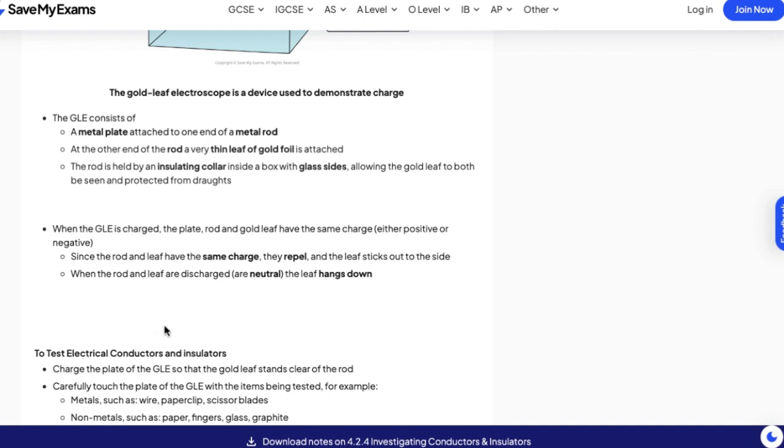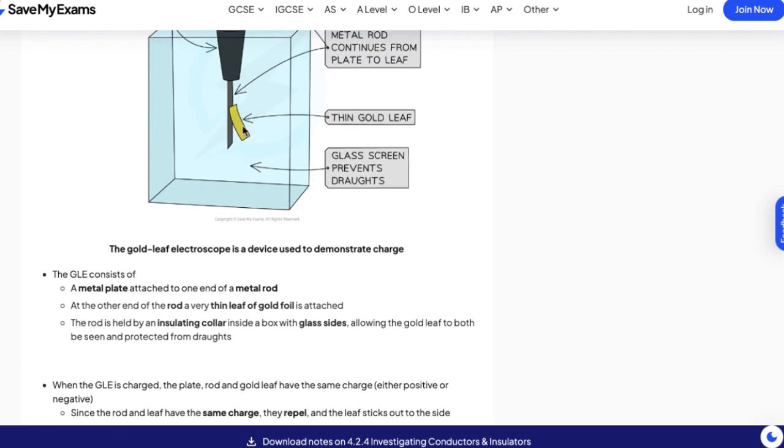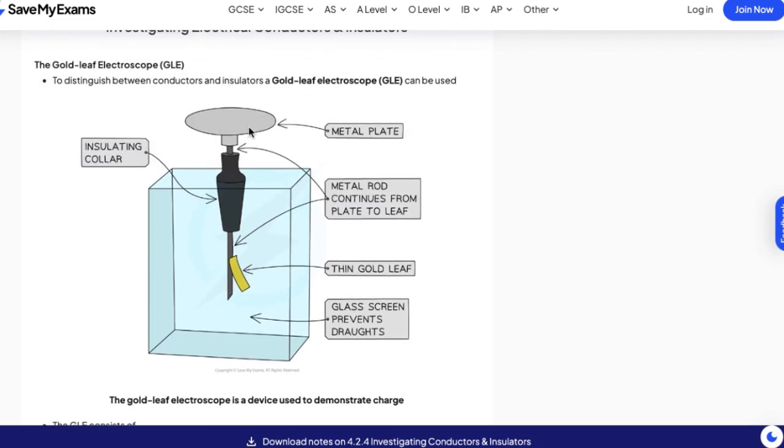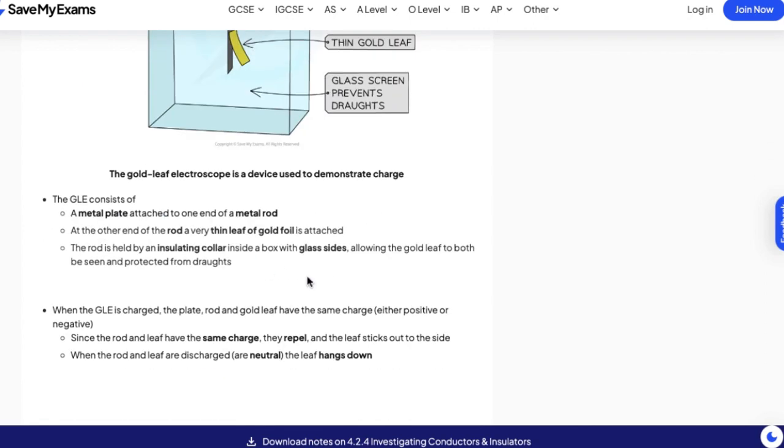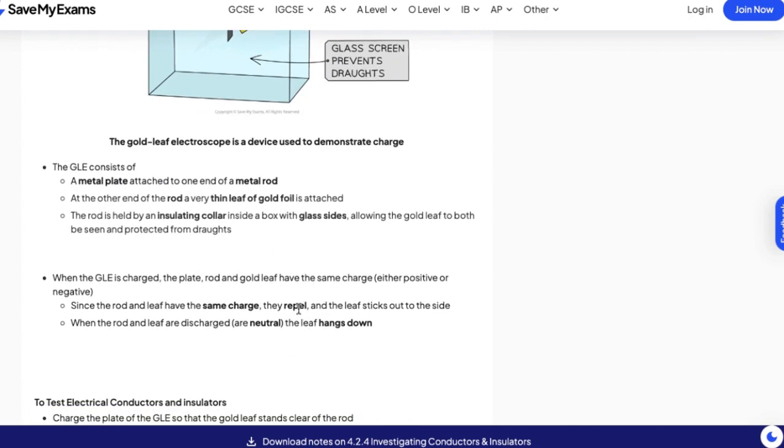Since the rod and the leaf have the same charge, they will therefore repel each other, and the leaf sticks out to the side.